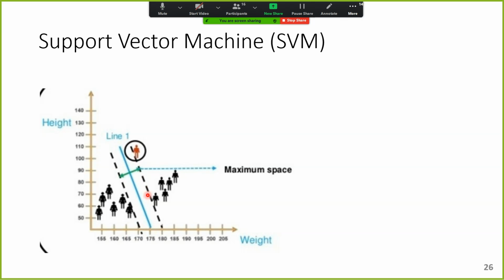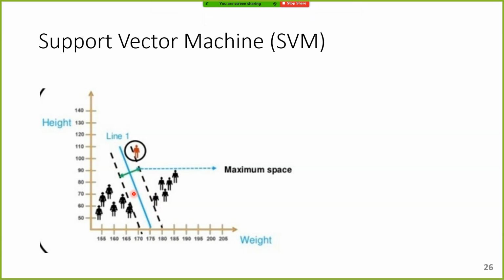So this parallel line touches this neighbor, and this line touches this data point, and we choose those lines as the best possible choice for our decision boundary, which gives us the maximum space between these two lines.